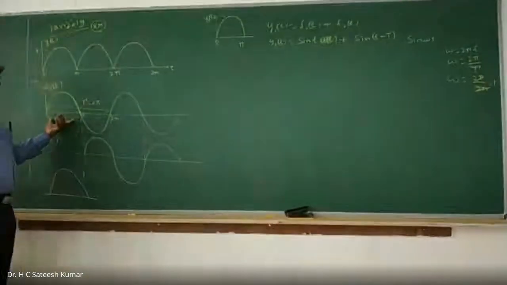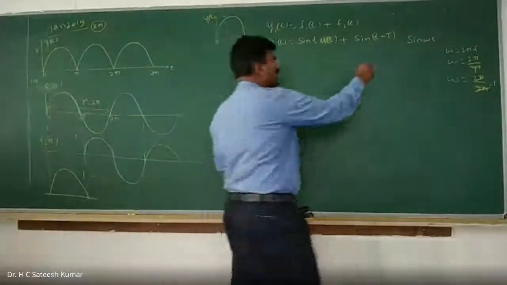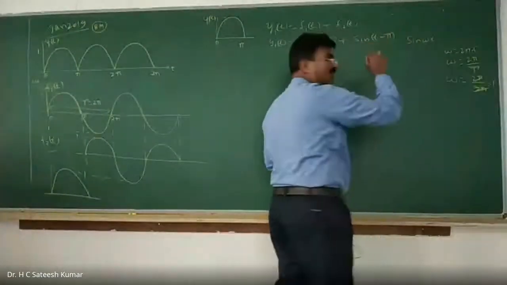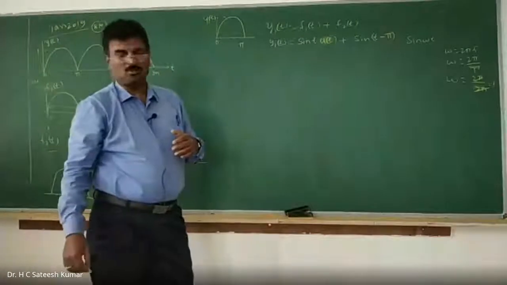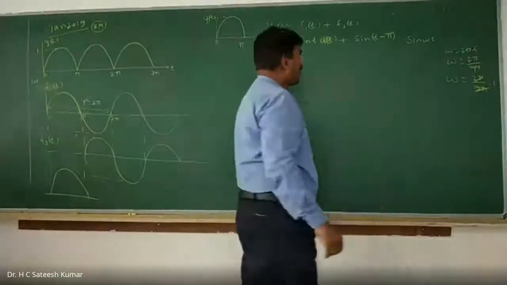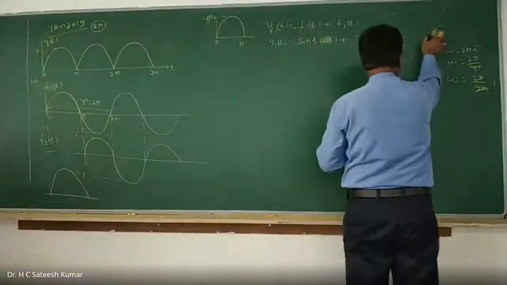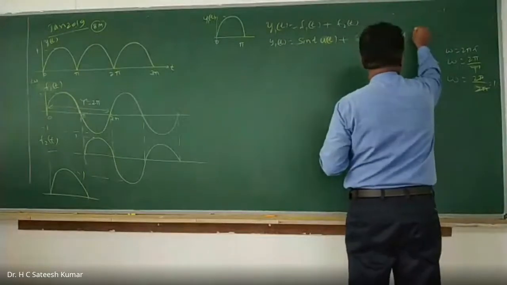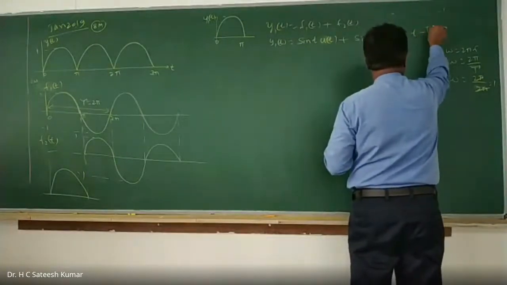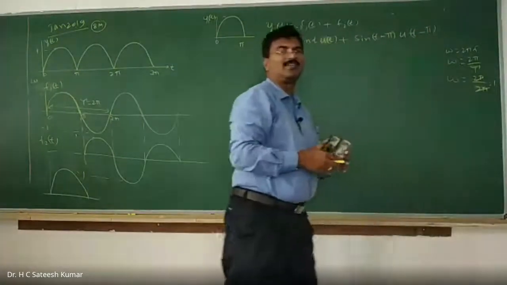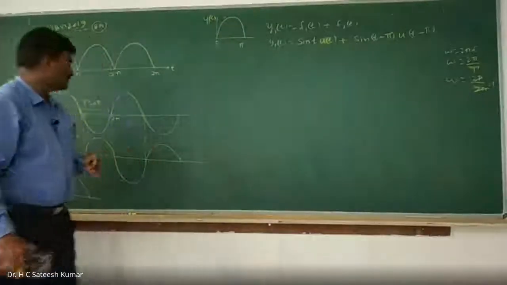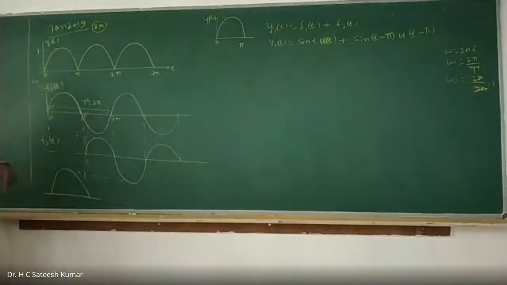But this period is what? Pi. So therefore we can write it as t minus pi, shifted by an amount equal to pi units. Sin of t minus pi into u of t minus pi, you should write it. So therefore this and this we have added, and we got y1 of t.